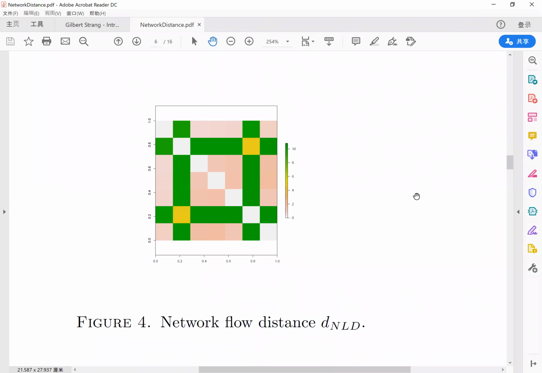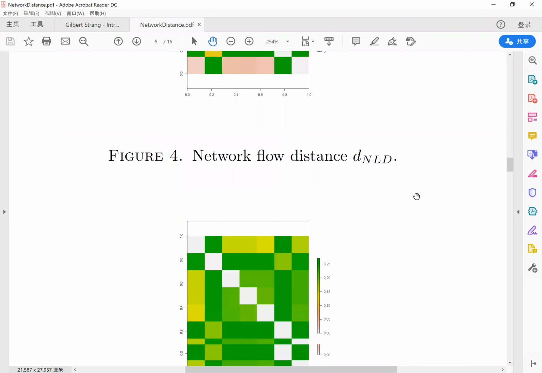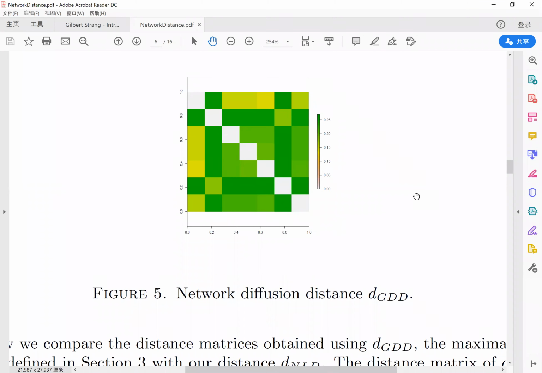This is how our algorithm classifies objects. The classification is really clear, which means this algorithm is good. We can clearly classify distinct objects.